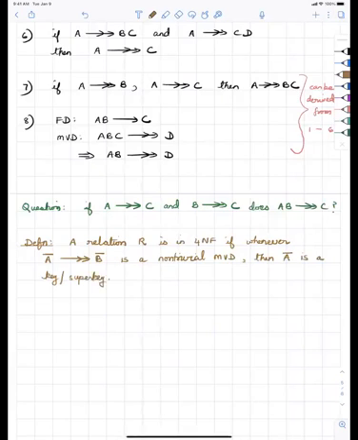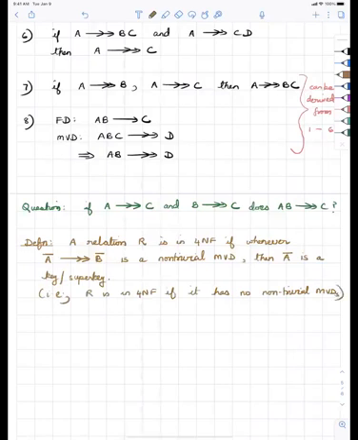So essentially what fourth normal form is saying is that you should have no non-trivial MVDs in a table R. The only MVDs that you should have in there are trivial MVDs.